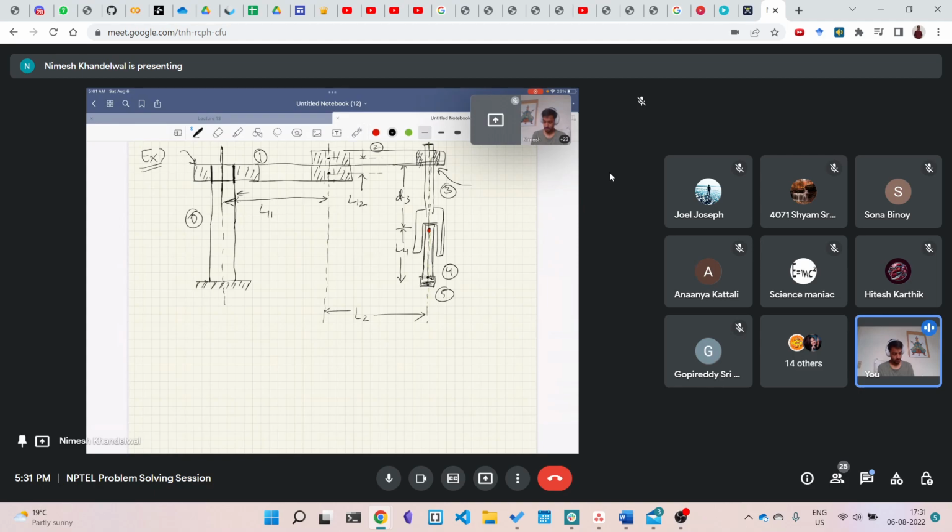So now we try to assign frames here. Let us assign the ground frame here itself, just at the bottom of everything, and we will make all the frames in red.